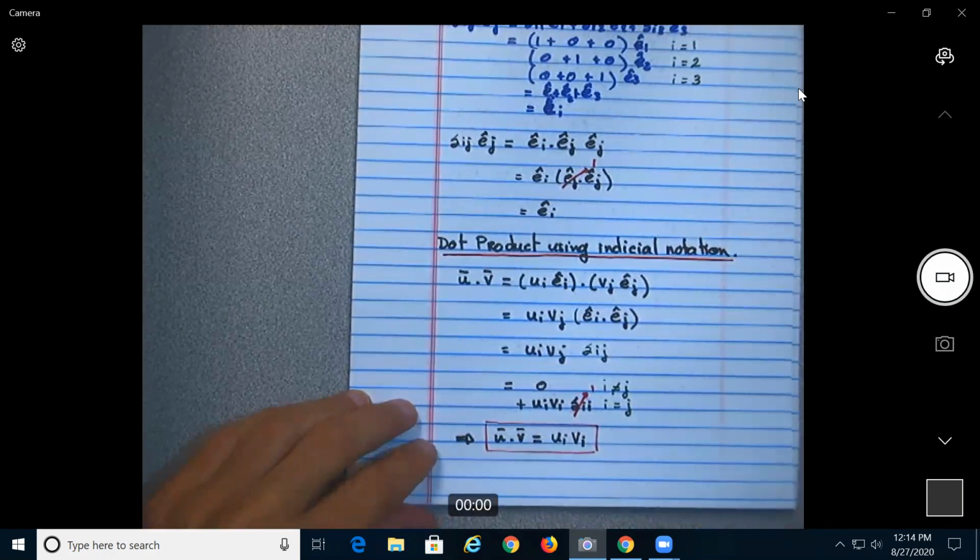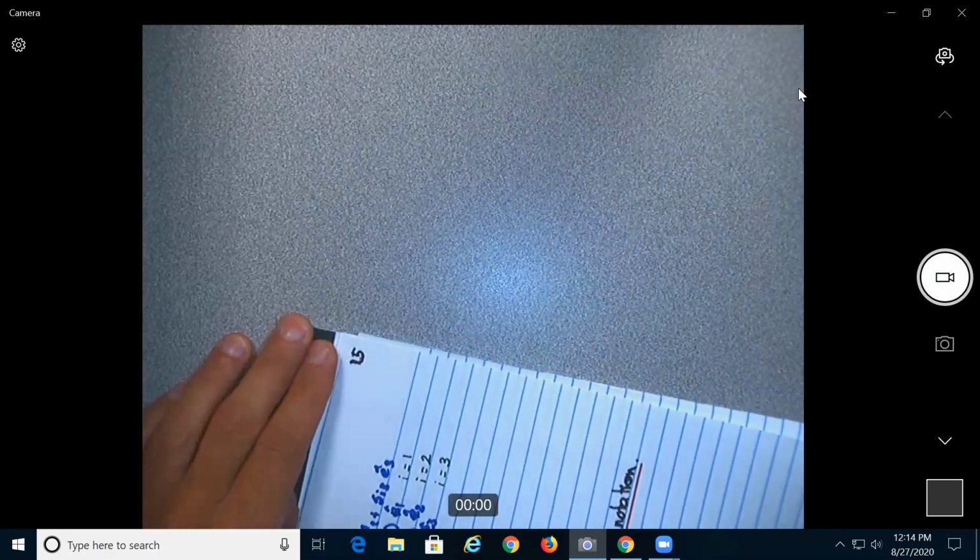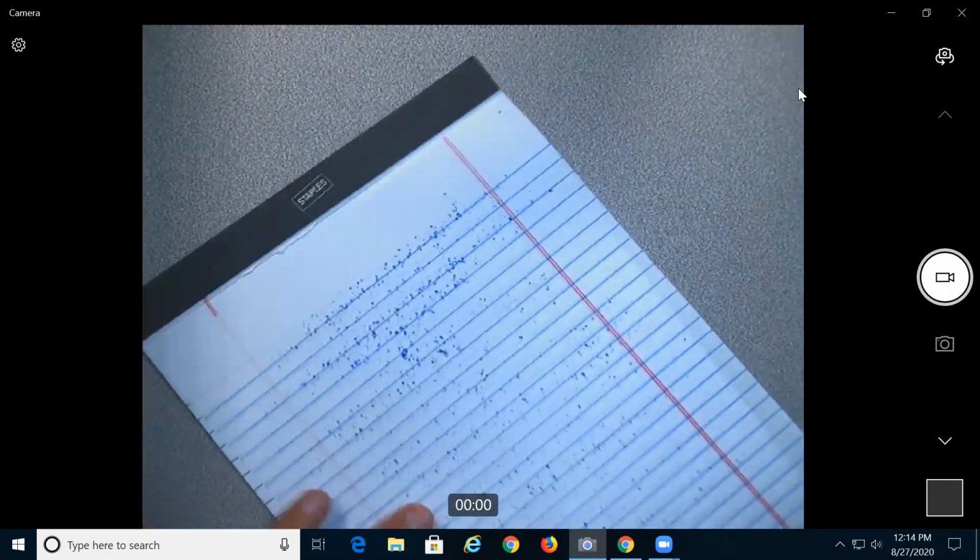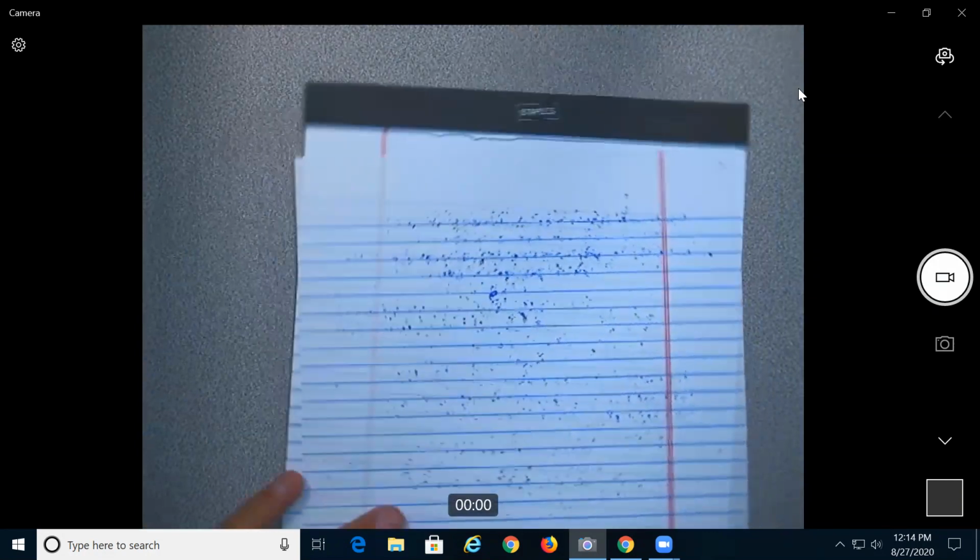Okay. So to see some of the indicial notation, let's just write out one expression that we'll be using later on, so it's not a problem to write it down.